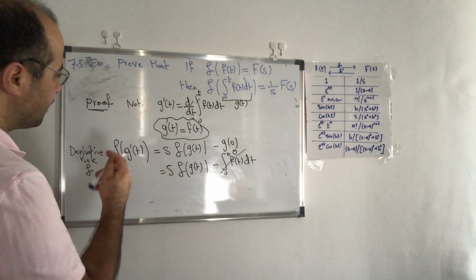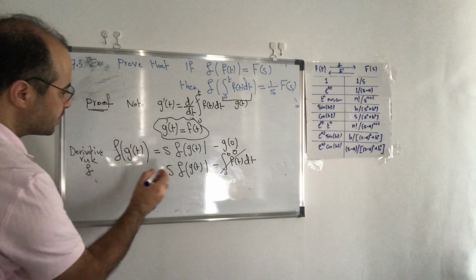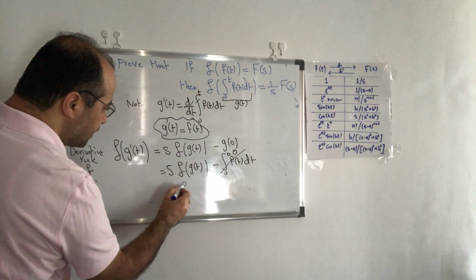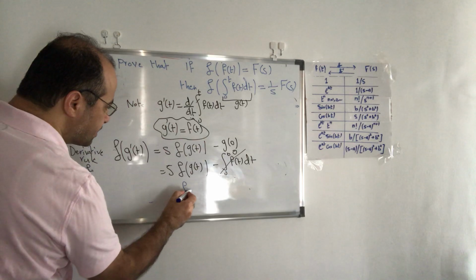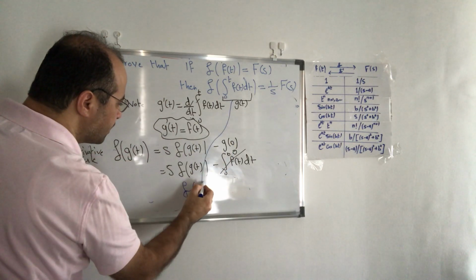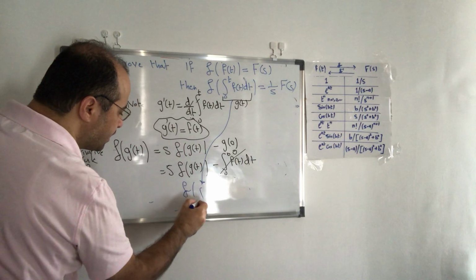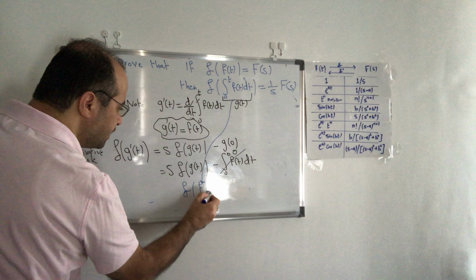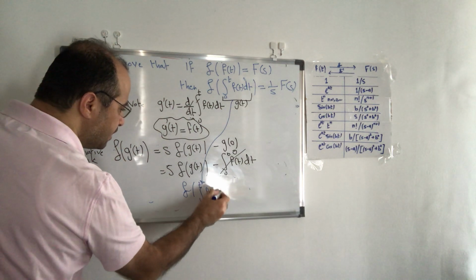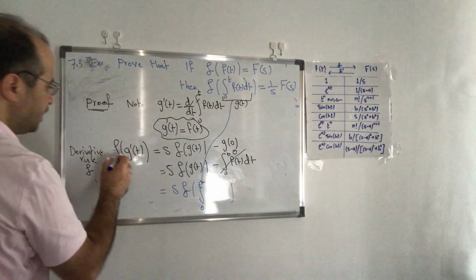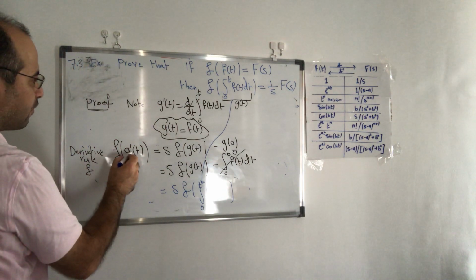What we got here, the first thing is the Laplace transform of g of t, where g of t is the integral from 0 to t of f of t dt. This is multiplied by s, and this is equal to the Laplace transform of g prime.